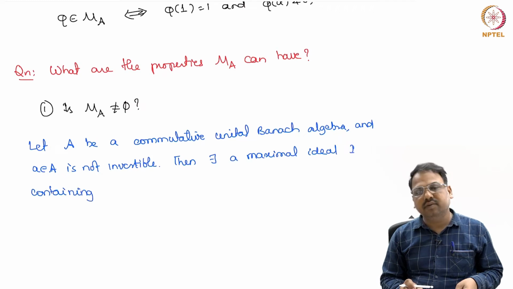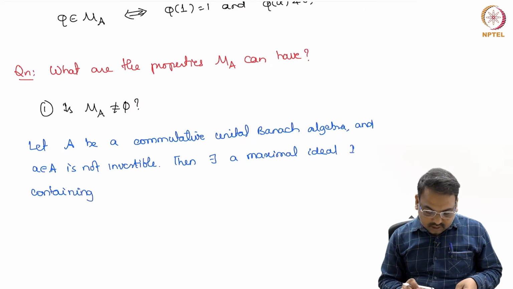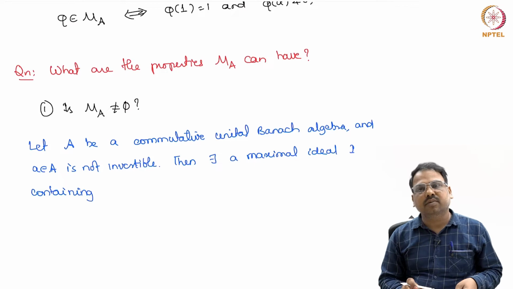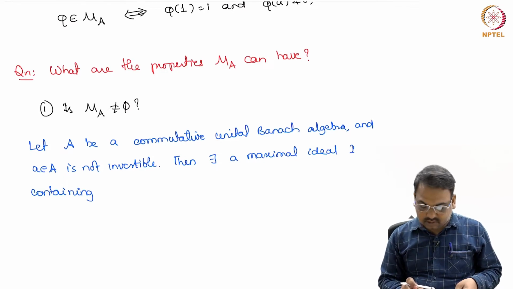So we have seen that if A is a commutative unital Banach algebra, there is a one-to-one correspondence between maximal ideals and the multiplicative linear functionals on the algebra A.